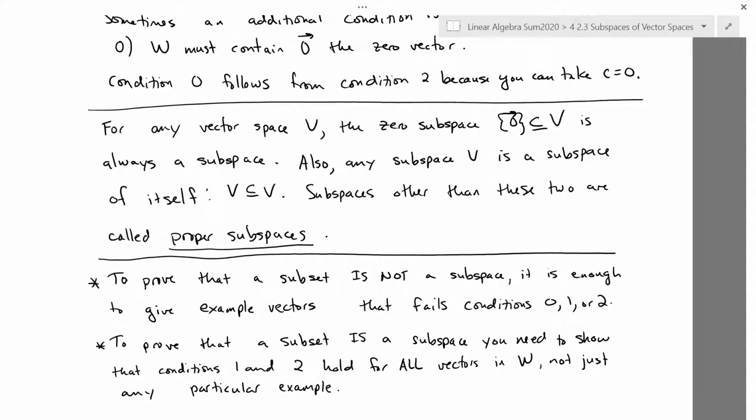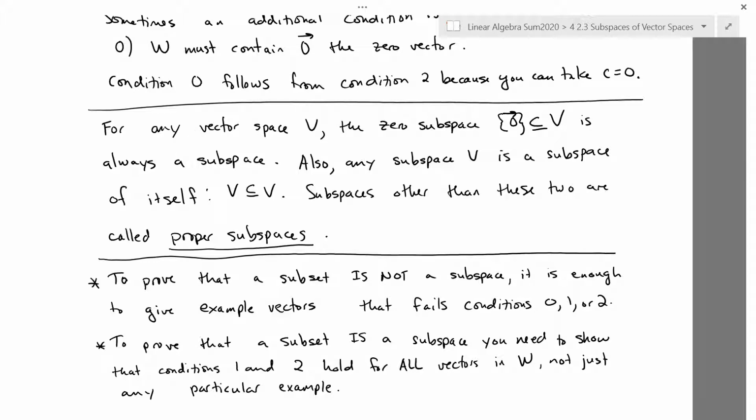In the rest of this video, we're basically just going to look at examples where the subset either is a subspace or is not a subspace.